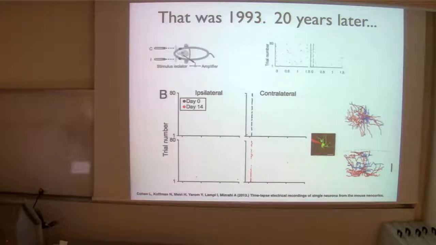And what is the advantage? The advantage is that if you come 2 weeks later, this neuron is now expressing GFP. And you've already been in his lab and you saw the 2-photon microscope, so you know that if you have a neuron expressing GFP in the brain, you can see it with the 2-photon microscope.